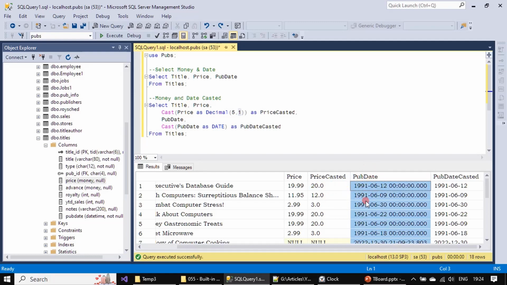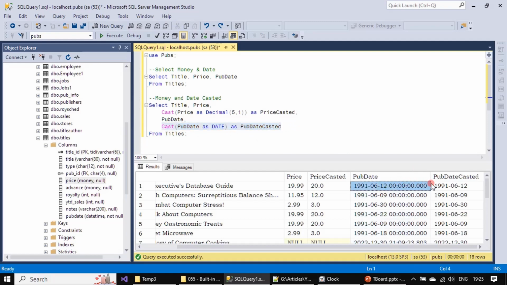Then this is publishing date. If you see, the publishing date is in a long format, that means year, month, day, hour, minute, second, and millisecond. And here we casted that as date.